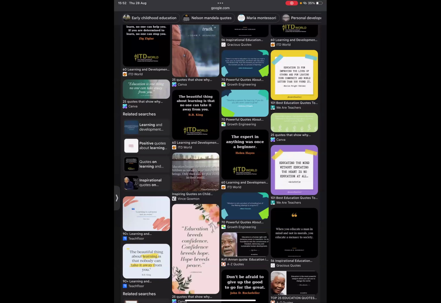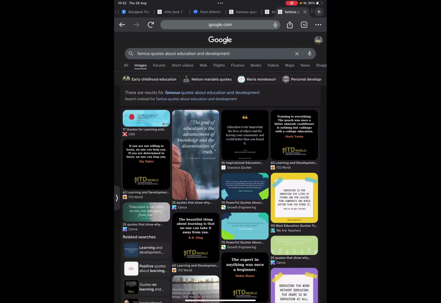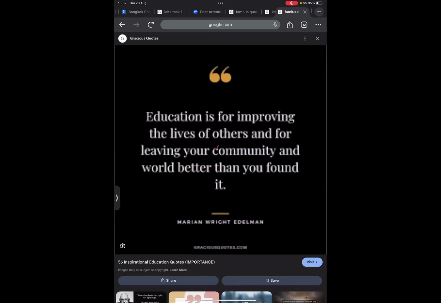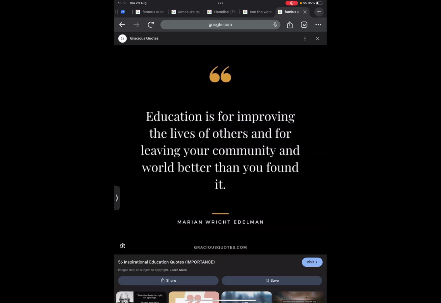Now, let's have a look at this one here. Education is for improving the life of others and for leaving your community and world better than you found it. Wow, this is not bad. This actually agrees with the statement. But we need to know who Marian Wright Edelman is.